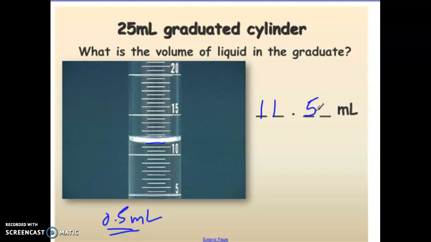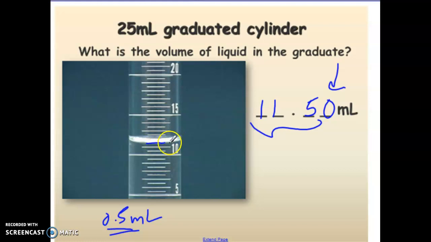Now you always have to report, so these would be our certain digits, and you always need one uncertain digit. Now here, I would say that that's pretty close, that's pretty right on the line to me. So I actually put that as being a 0. So if you put 11.51, that's also acceptable, right?